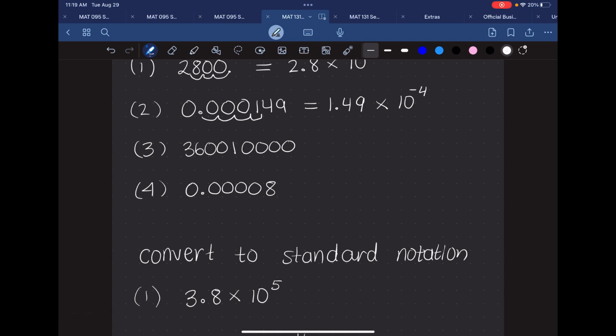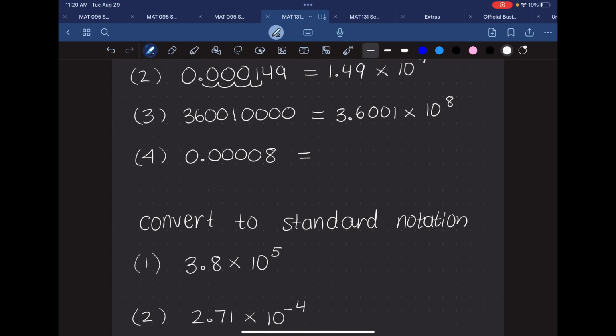Okay, so now this one we would have 3.6. I have this 1 over here, so I need to keep these digits. I would have to move my decimal point over 1, 2, 3, 4, 5, 6, 7, 8 times. So I multiply by 10 to the positive 8 because I have a very large number here.